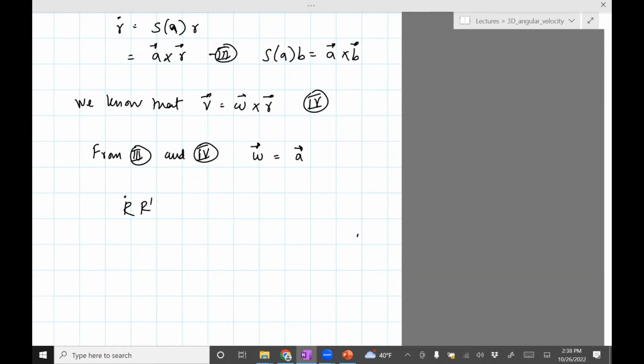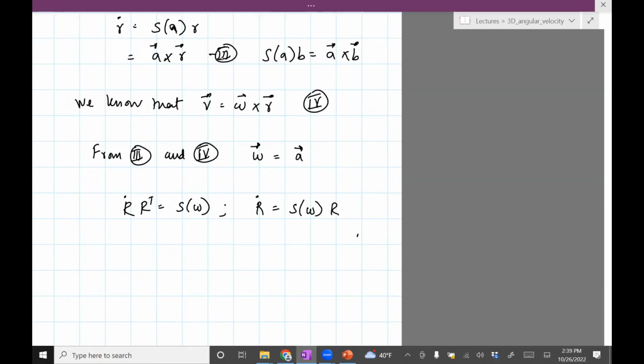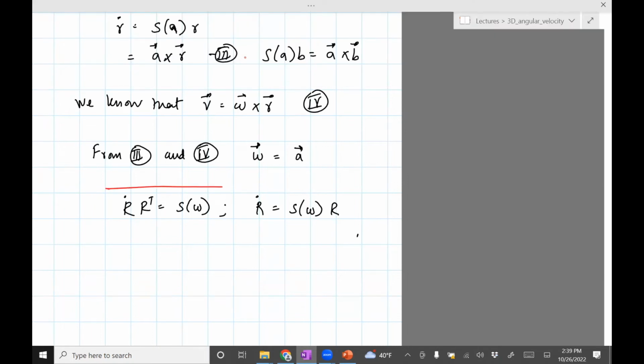Which means that we can now write R dot R transpose is S of omega, or R dot equals S of omega times R. So the angular speed is related to the rate of change of R. But that still doesn't answer the question, what is omega in terms of the rate of change of Euler angles?